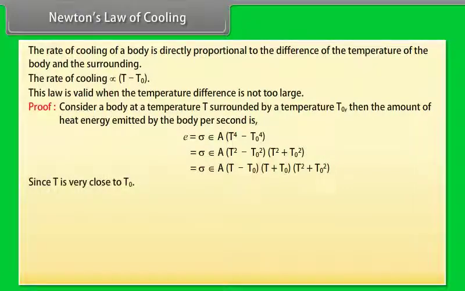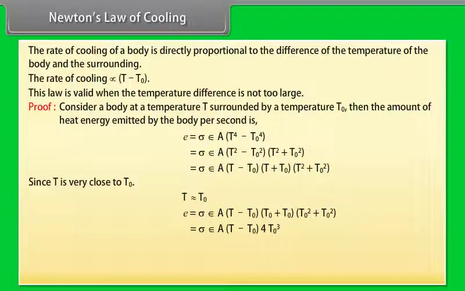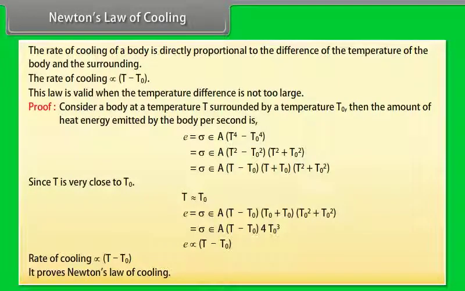Since T is very close to T naught, it implies E is directly proportional to T minus T naught. Rate of cooling is directly proportional to T minus T naught. It proves Newton's law of cooling.